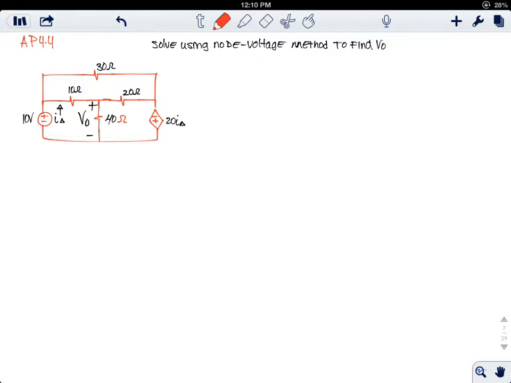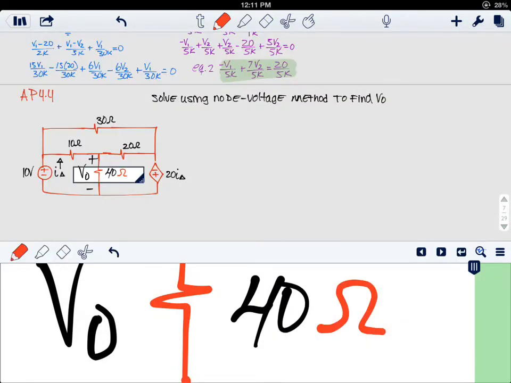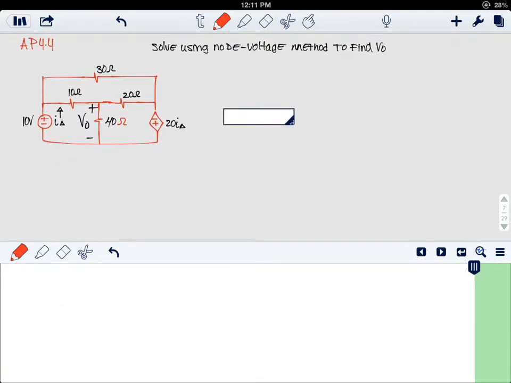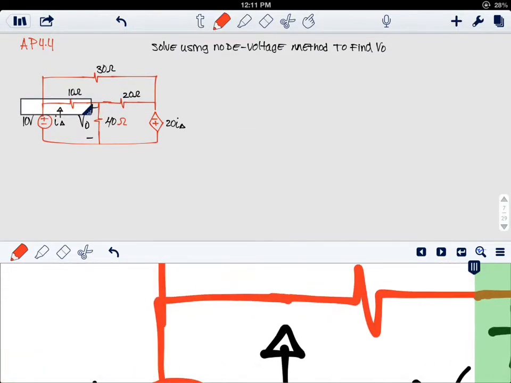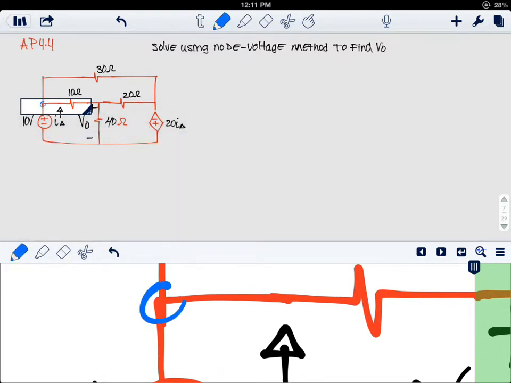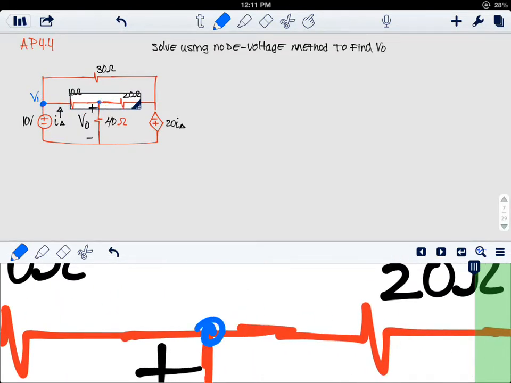So you are asked to solve this problem using the node voltage method and to solve for the branch voltage VO. The first thing that you have to do is find the essential nodes and label them.